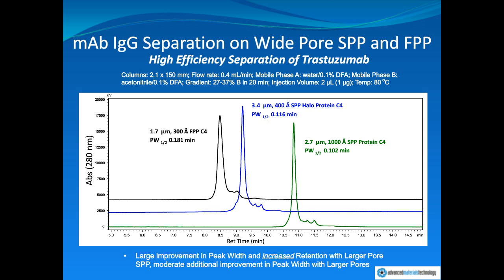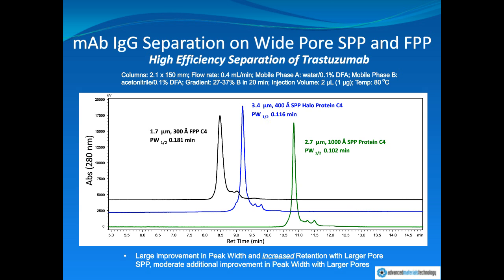And you can see even visually that the peak shapes are much better with the 400 and 1000 angstrom pore size material. The best results are obtained with this new 1000 angstrom pore size superficially porous particle.